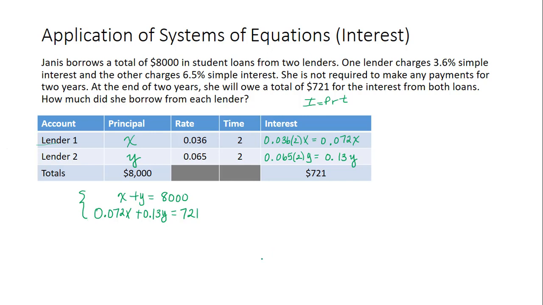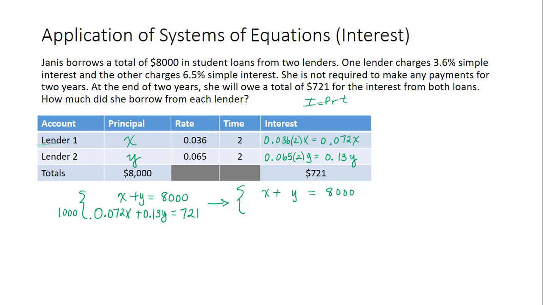The first thing you may want to do is to get rid of the decimals in the second equation. Because we have 3 decimal points in the first coefficient, we can multiply that second equation by 1,000. And that will give us an equivalent system. We have x plus y equals 8,000.